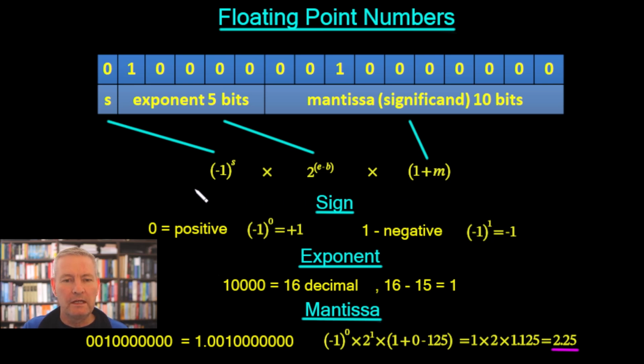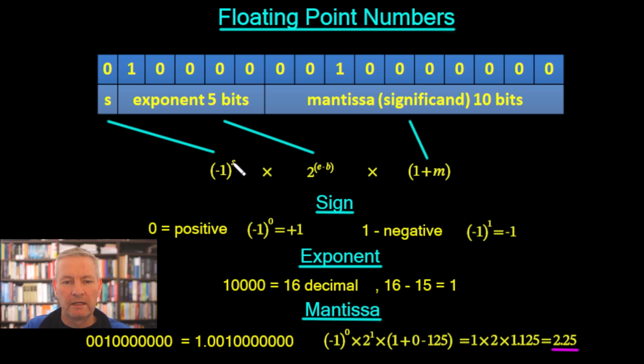Now we can see here that if we look at this floating point number here, we know that that's a value of 0. So we know that that is a positive number. So why is it written like this? Well, this is just a little bit of mathematics. So if we look at the 3 blocks here, the sign, the exponent and the mantissa, we're going to have a value 0, which is positive, or 1, which is negative.